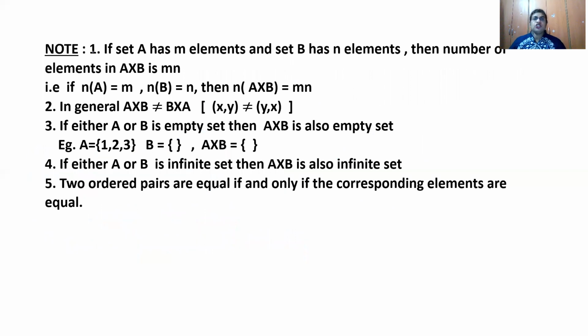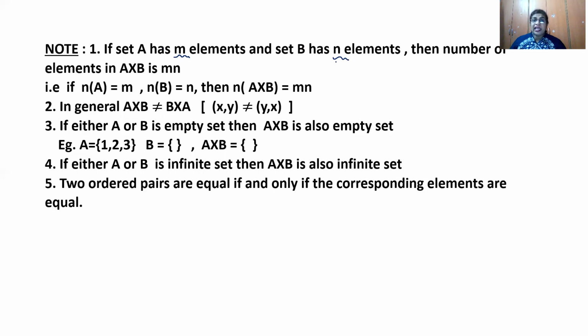So what is the first note telling us? If a set A in general, so I had given you some examples. Through the examples, I have made you understand how to find the number of elements in the cross product. Now in general, suppose the set A is having M elements and the set B is having N elements.